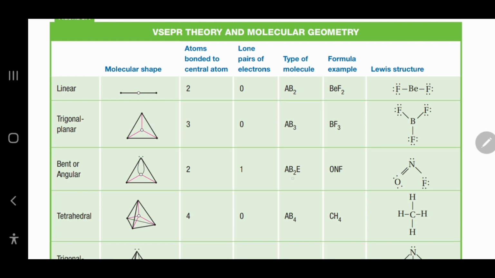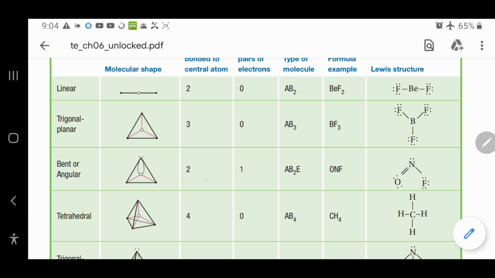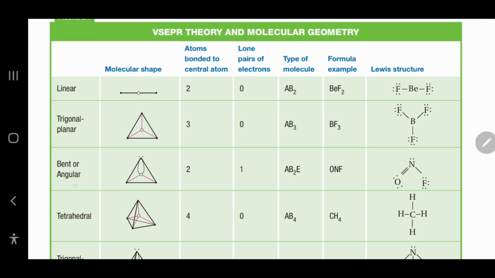If we have AB2 like this one, but with one pair of unshared electrons like NH3 or NOF here, as you can see here, that means that this valence electron pair will push the linear bonds downward to decrease repulsion. So we will have bent or angular shape like water, H2O, same thing.